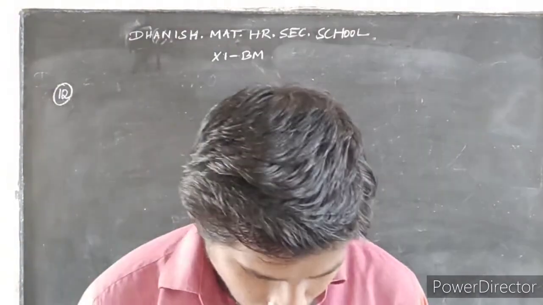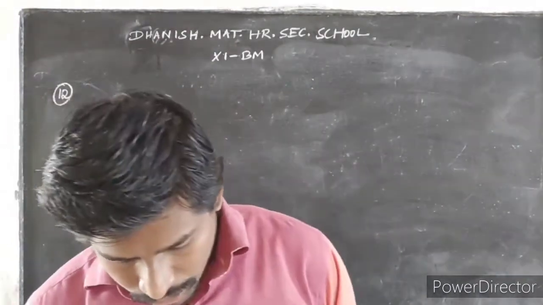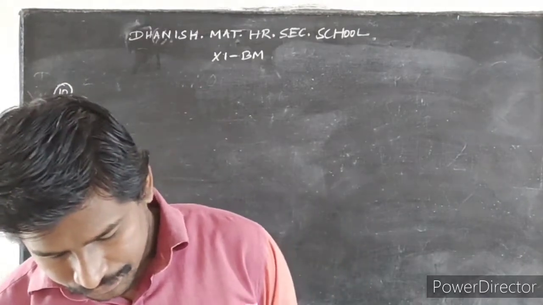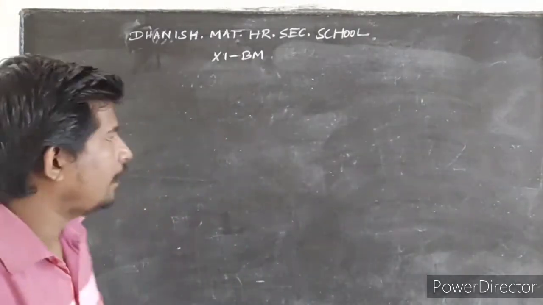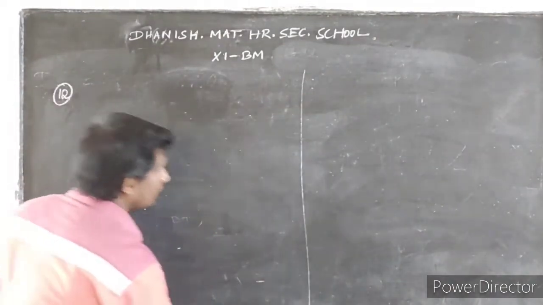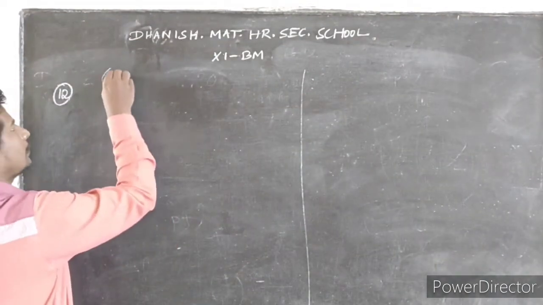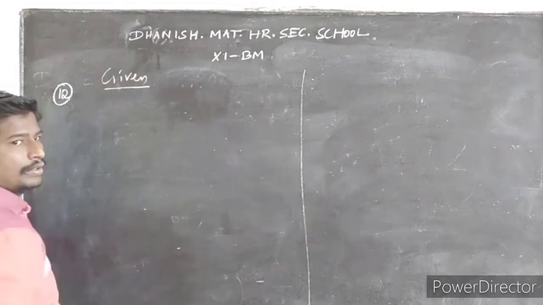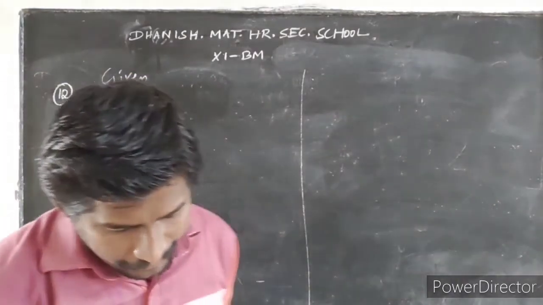Here we are going to find 4 things. Before that, we can write the given information. What is given?